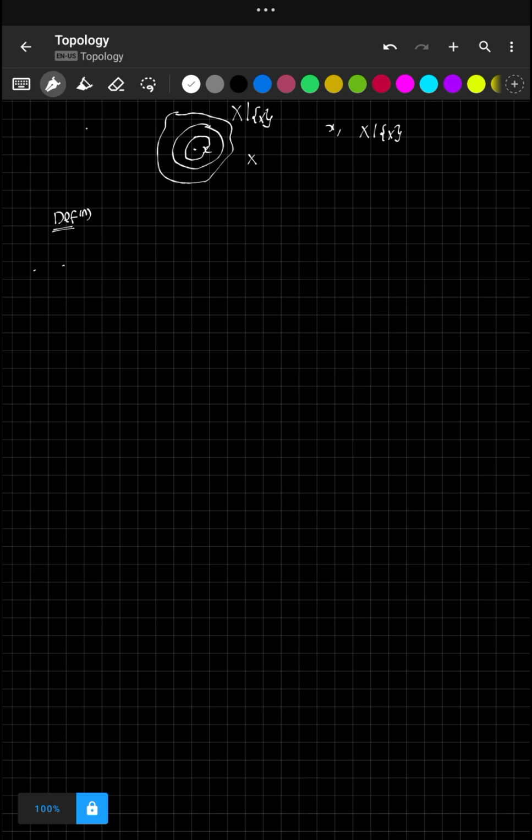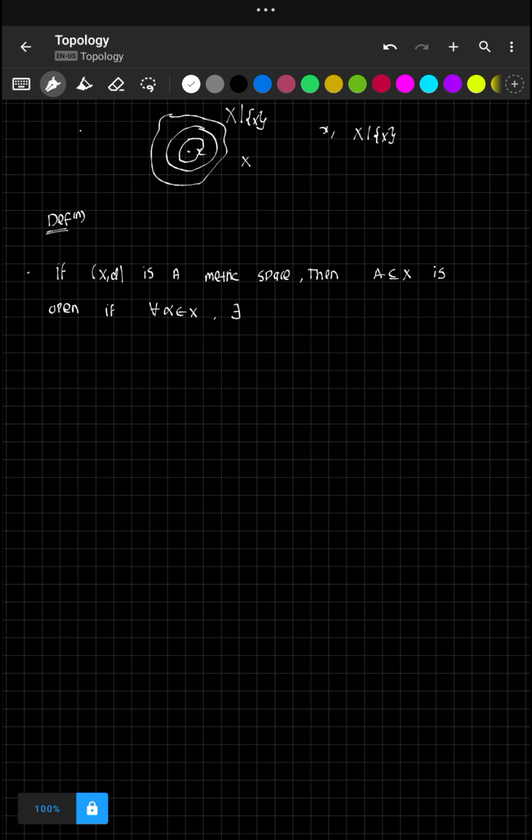If (X, d) is a metric space, then a subset A of X is open if for every x belonging to A there exists an open ball of radius r around x such that this ball is contained in A and x belongs to this ball.